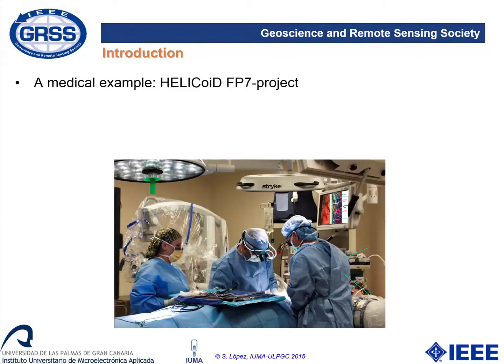The other example, which is in fact not related to remote sensing, but I believe it is important for the scope of this tutorial, which is understanding why we need solutions that are able to process hyperspectral images in real time, is a medical example, taken from the European research project in which my research group is involved, the HELICoiD project.